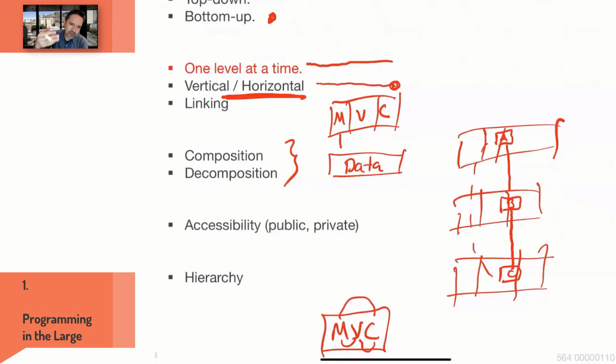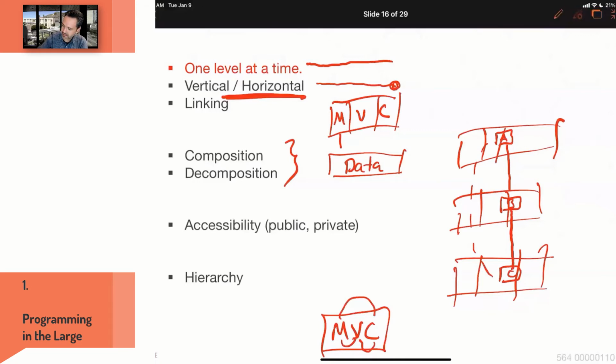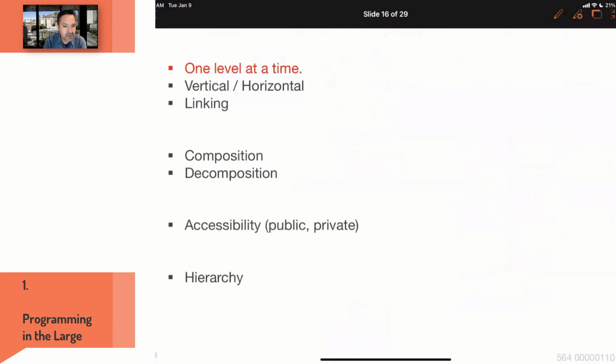We need to talk about this, mentioning things that maybe you know, and we need to review. And everything starts with these ideas of moving to programming in the large. Now, for the first time, hopefully you notice, we're talking about public and private, like scope.